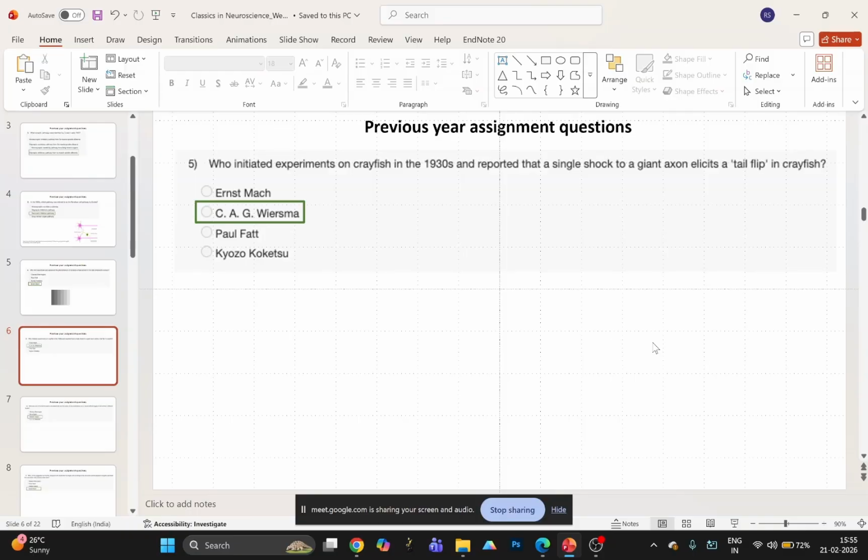And that is the reason that such kind of command neurons and such kind of CPGs exist in the first place.